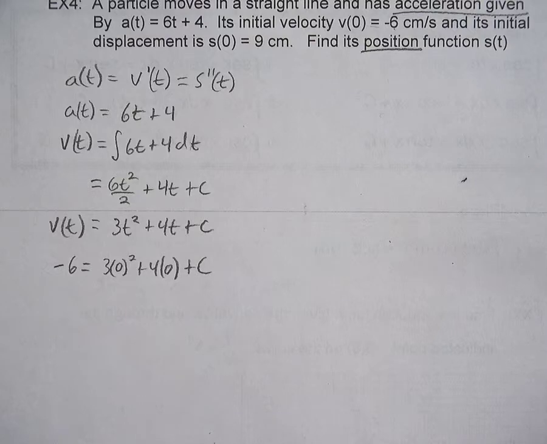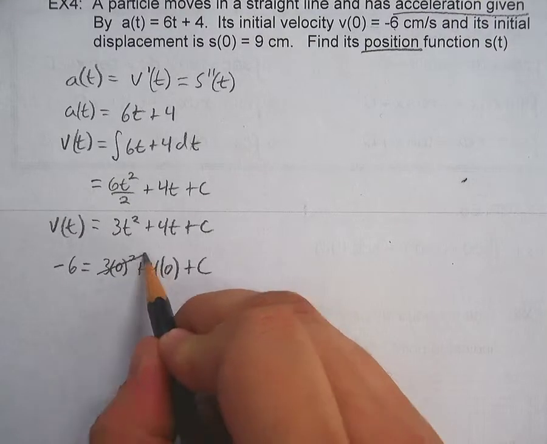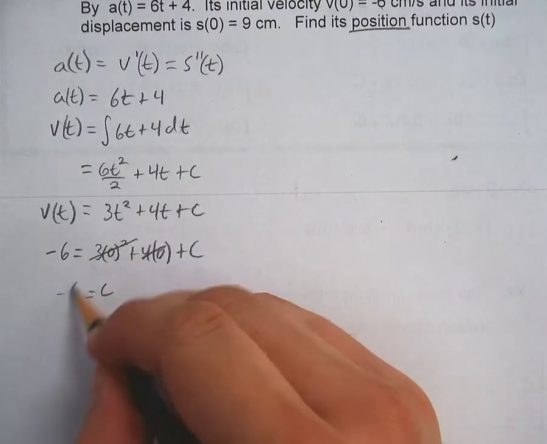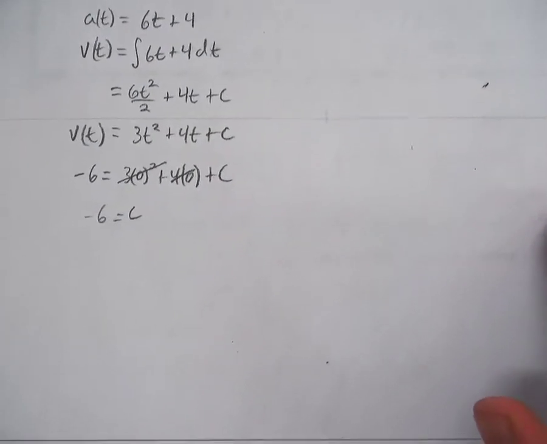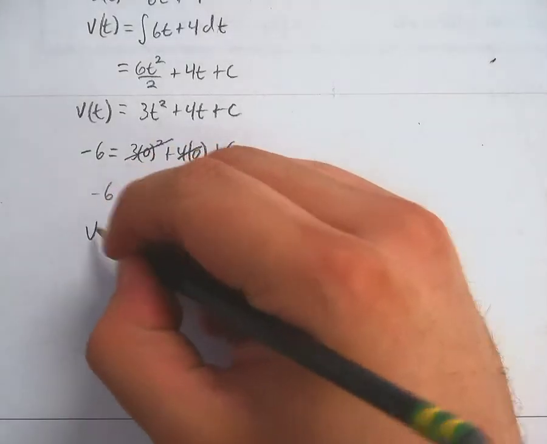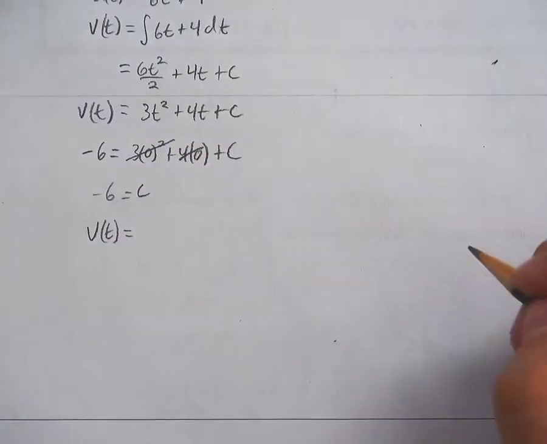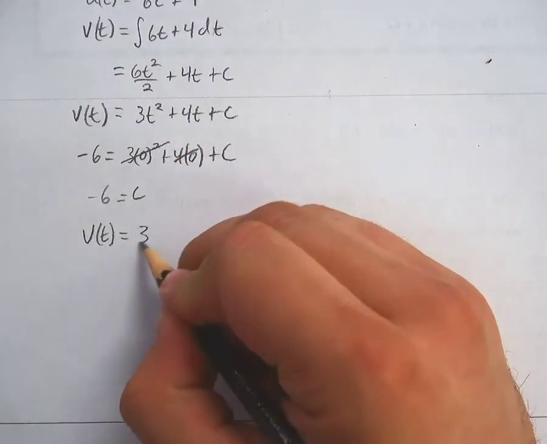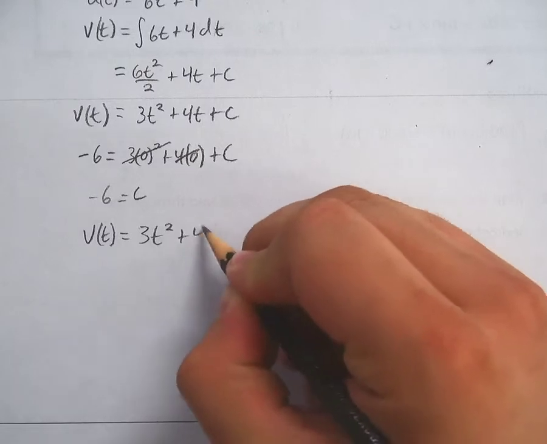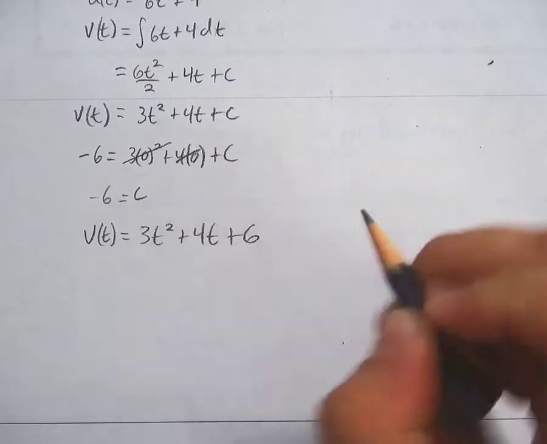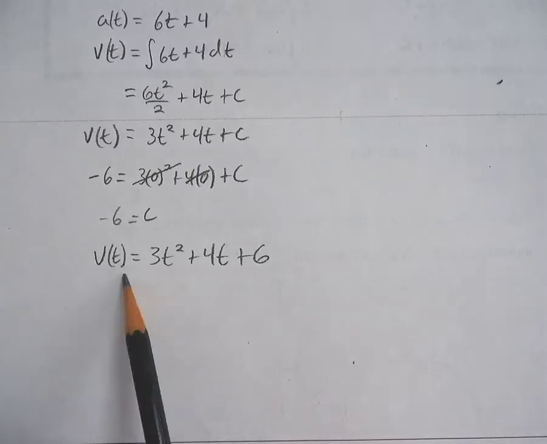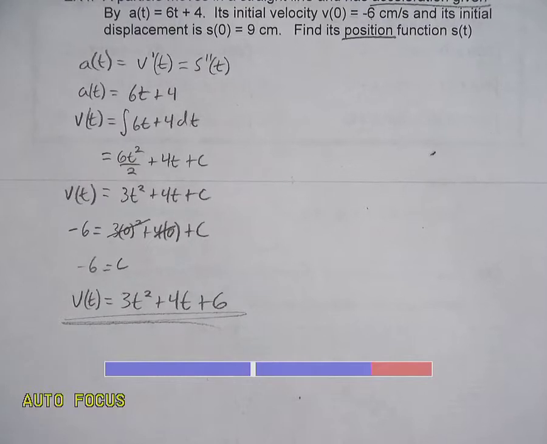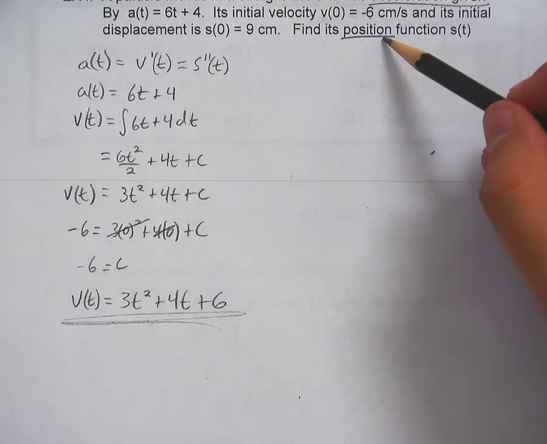Well, this is the same situation I faced on the front. 0 plus 0 plus c, so c is -6. Right? So your velocity function, v of t, is going to be 3t squared plus 4t minus 6. Now I'm going to need that, but that's not what the question is asking. The question wants me to find its position, so I'm going to have to do that one more time.